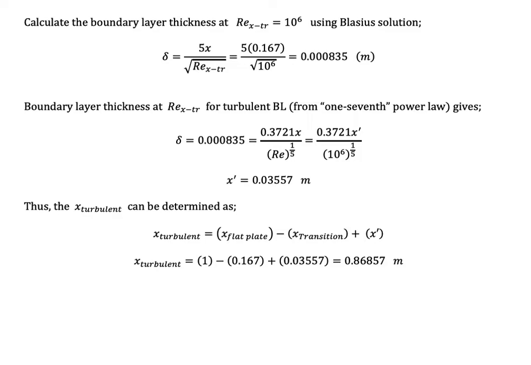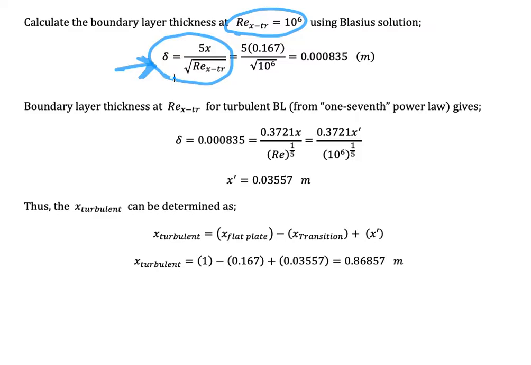Okay, next step, we need to determine the boundary layer thickness in the laminar boundary layer. We know that the transition Reynolds number is 10 to the power of 6. This is the equation for boundary layer thickness according to the Blasius solution.